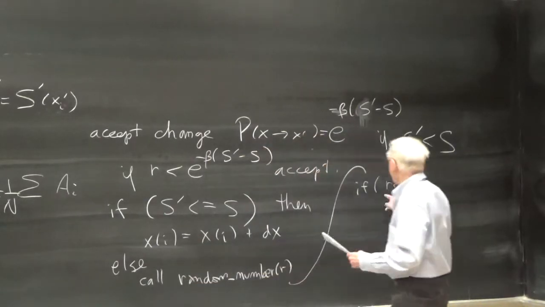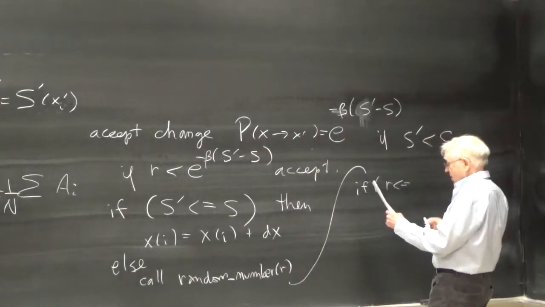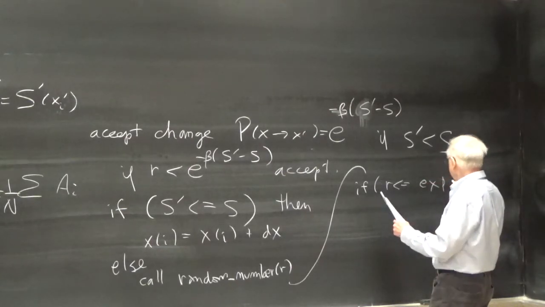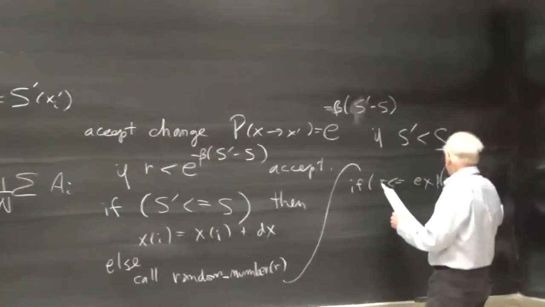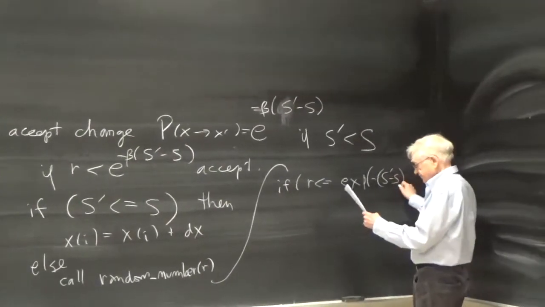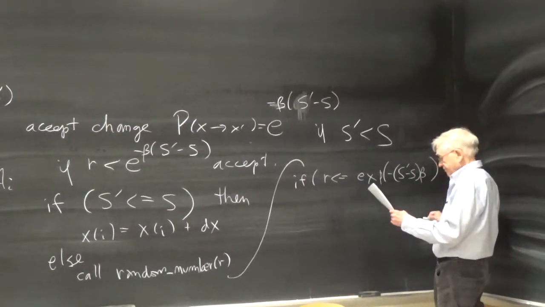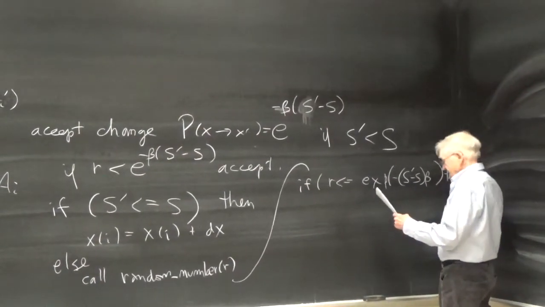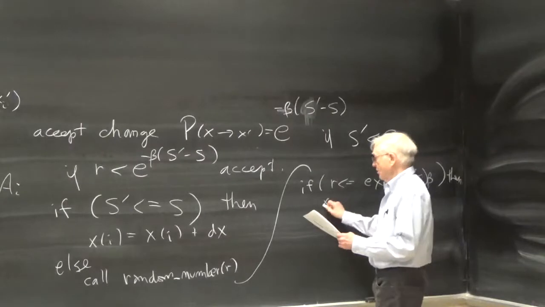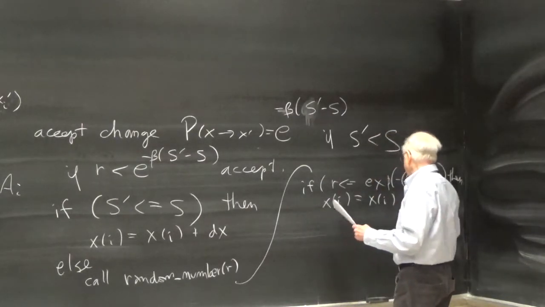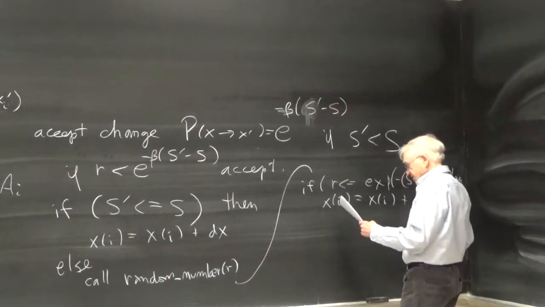Else you call a random number, and if r is less than or equal to exp of minus (S prime minus S) times beta, then you also accept x of I equals x of I plus dx.